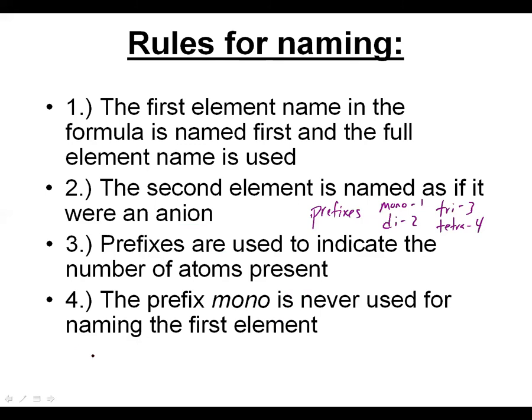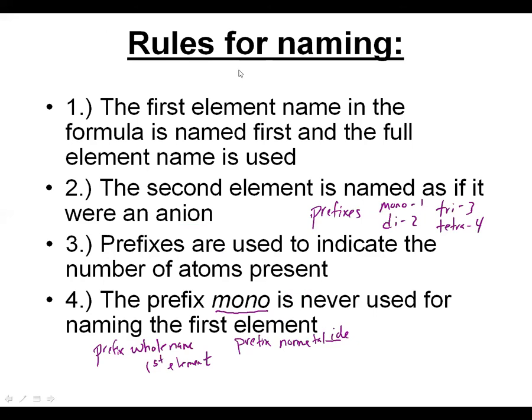We pretty much will name these guys by using the proper prefix plus the whole name of the first element, and then the prefix and the next element named like a normal nonmetal, which will get the IDE at the end of it. Now, one of the rules is we don't use mono on the first name, but you can use it on the second name. So that's perfectly fine.